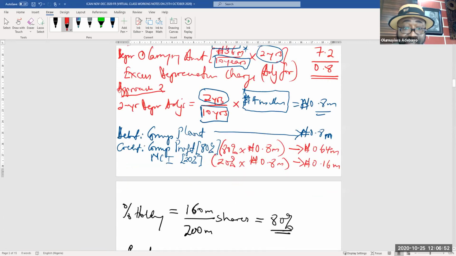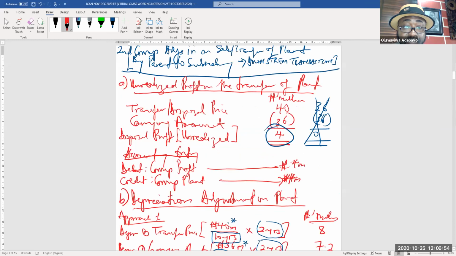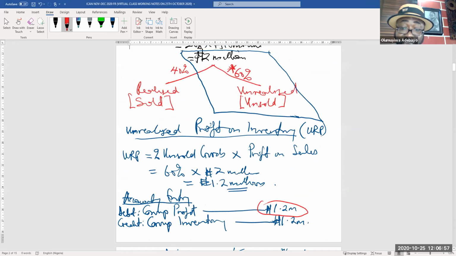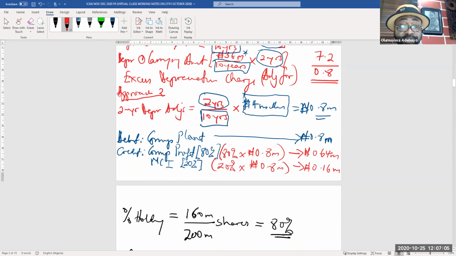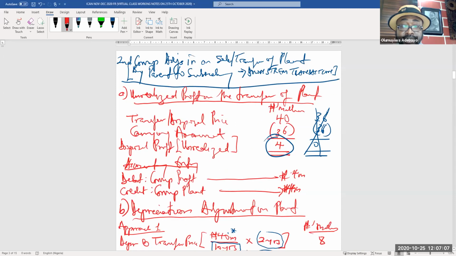The second adjustment, remember what I did here, I circled it, which means I've used that 1.2. I still have 1 left, but that one is a balance sheet item. I'll take it to the balance sheet. The second adjustment I have is unrealized profit again on plant. I also have to reduce my profit.